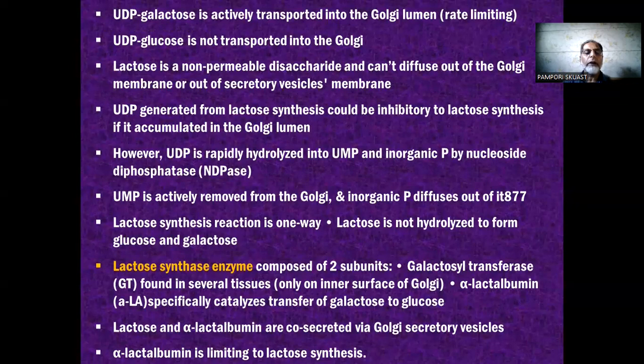Then you'll find that once this glucose comes into the Golgi, it has to be fixed there because it should not get leaked out. So UDP galactose is actively transported into the Golgi lumen, which is rate limiting here. And this UDP glucose is not transported into the Golgi. This lactose is a non-permeable disaccharide and cannot diffuse out of the Golgi membrane or out of the secretory vesicles.